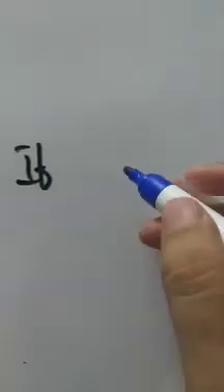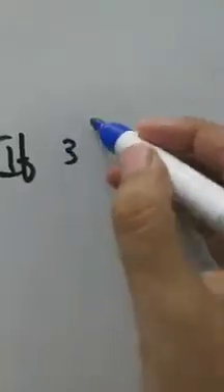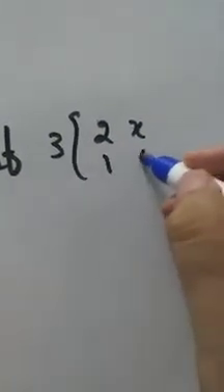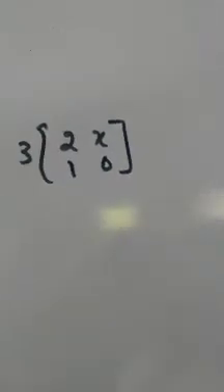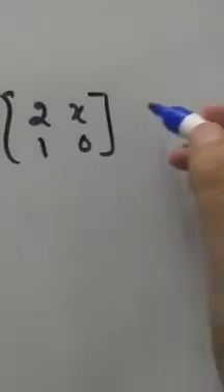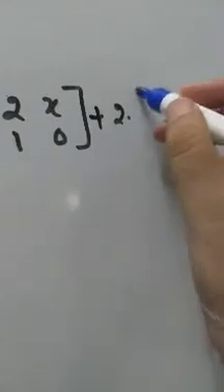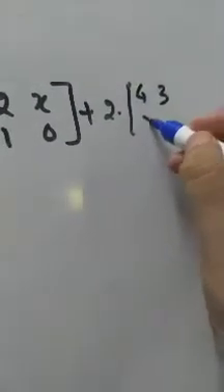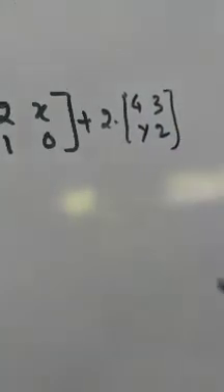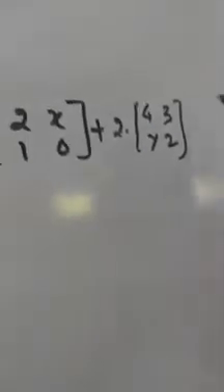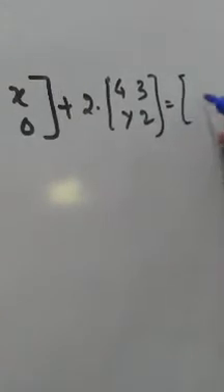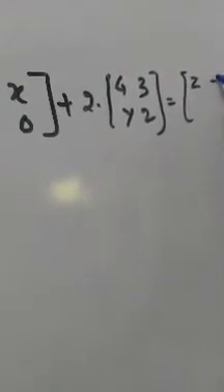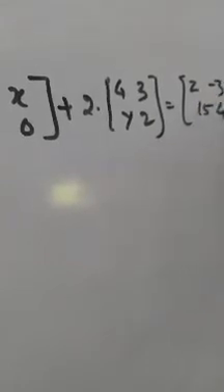Given 3 times [2, x; 1, 0], in our syllabus only 2 by 2 matrices are to be used, plus 2 into [4, 3; y, 2], is equal to [z, -3; 15, 4].